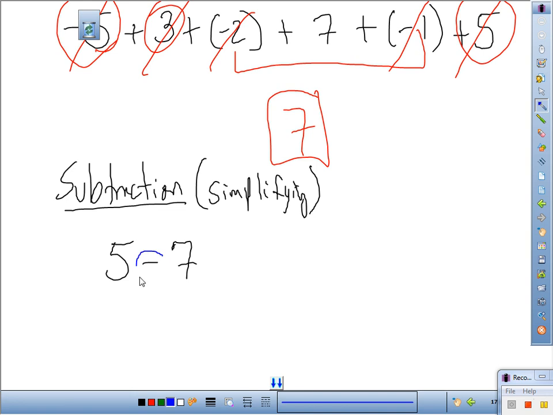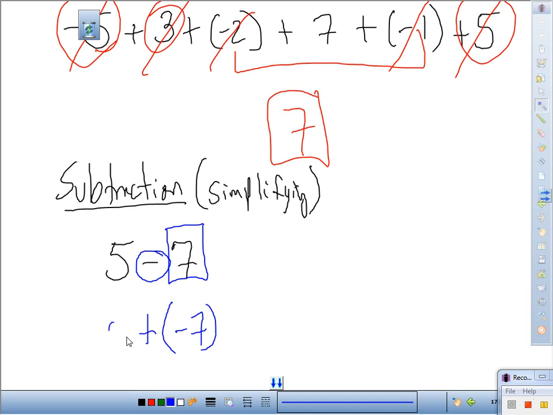And whenever I see a subtraction, the additive inverse property says, listen to the key terms, additive, inverse. What does additive imply? That means we're going to change this to addition. Inverse means that the second number we do the opposite. What is the inverse of 7? Negative 7. I bring down the first one as is.